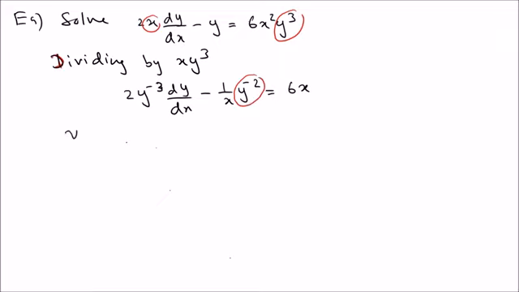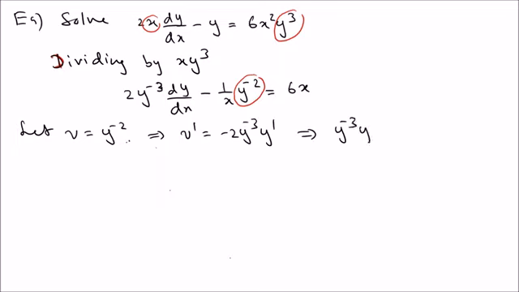So we're going to say v equals y to the negative 2. This implies that v prime equals negative 2 y to the negative 3 y prime. In other words, y to the negative 3 y prime is negative 1/2 v prime. That's what happened, so we read it like that.